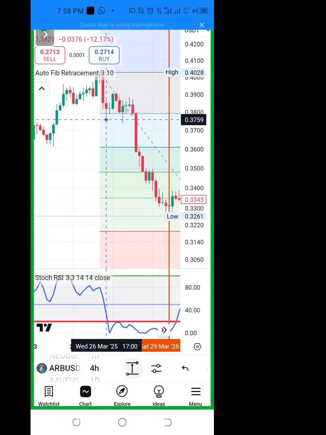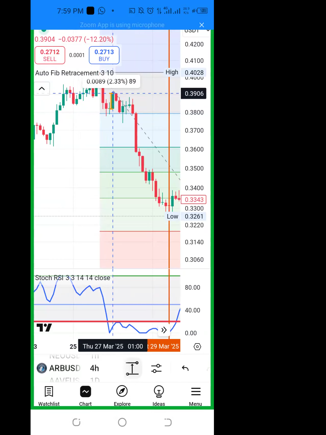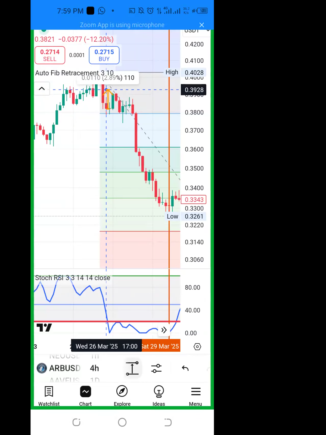It did that movement there. It did 2%. Yes, it did 2% there. Did it do 2%? Yeah, I think it did 2% there.